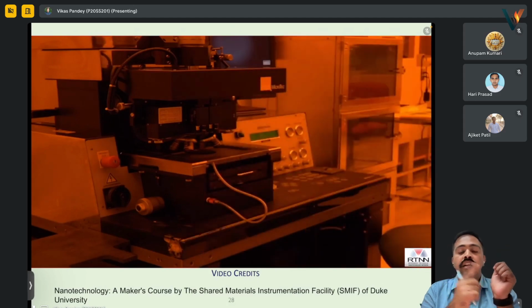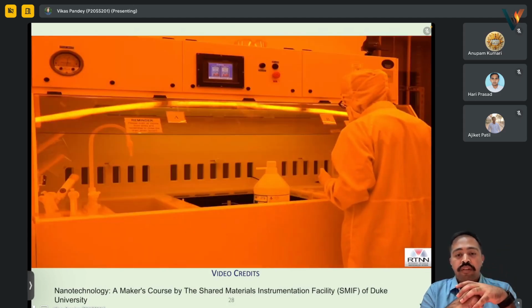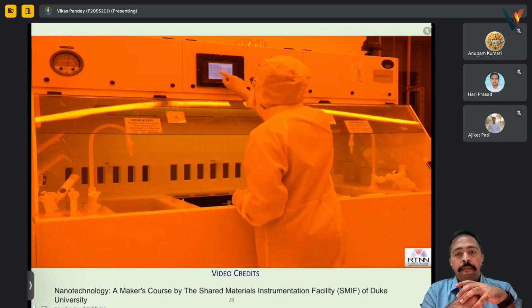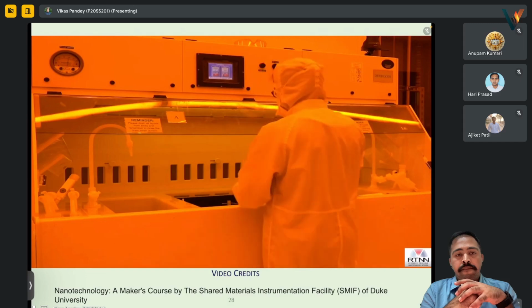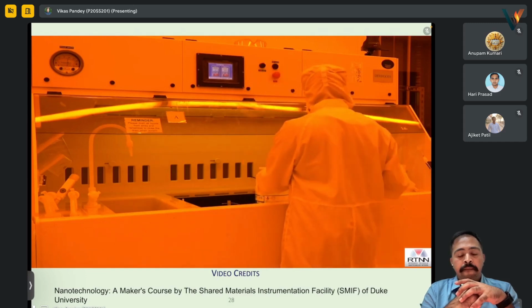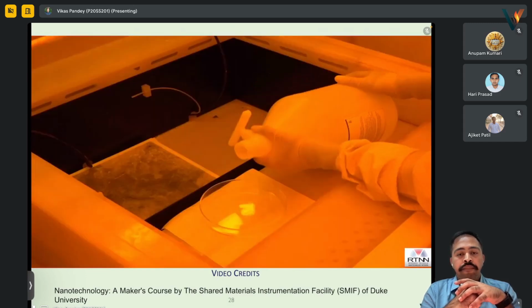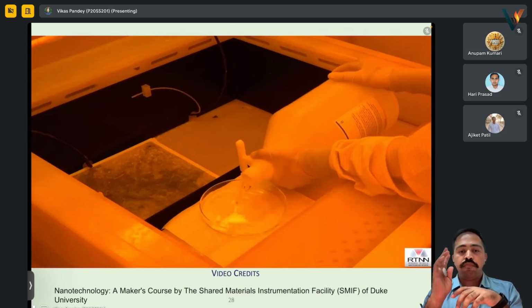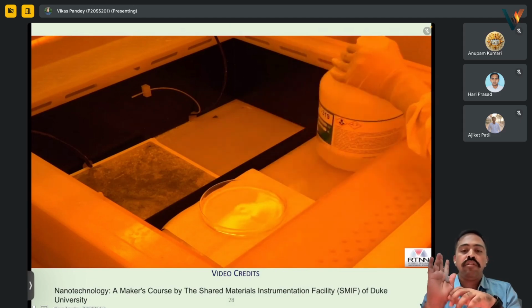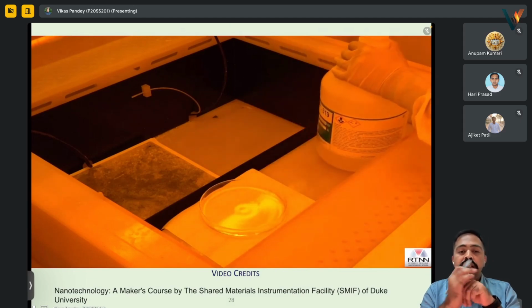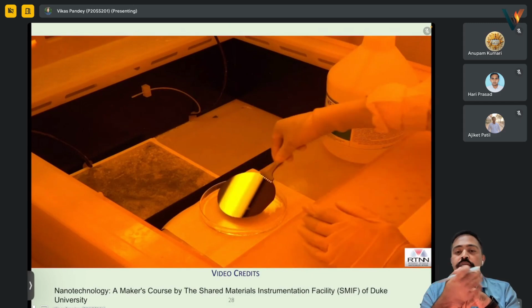Taking it out, we do the developing. This is the developer solution, pouring it, and then we put this wafer inside it. You will see that in some time the whole pattern will appear.